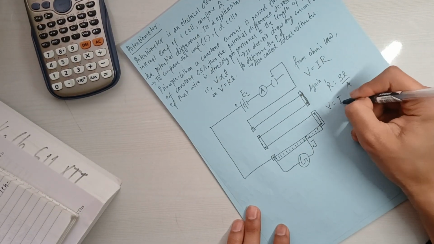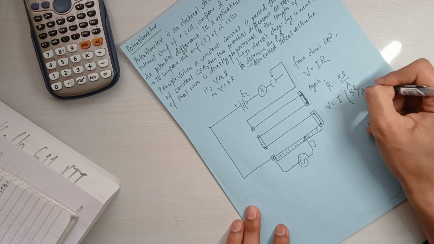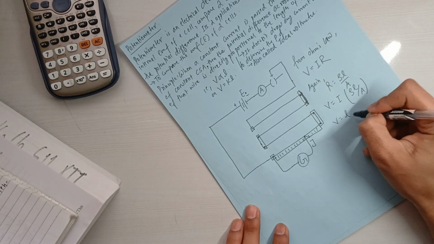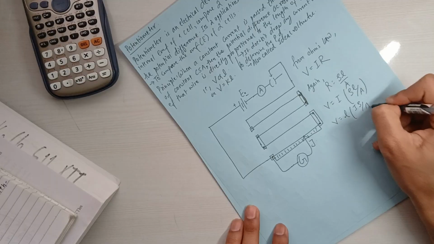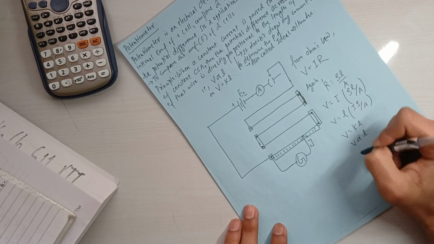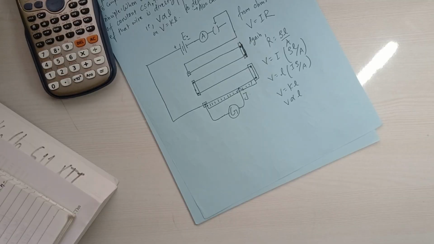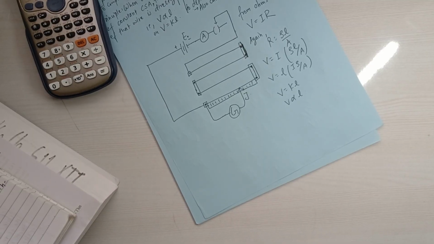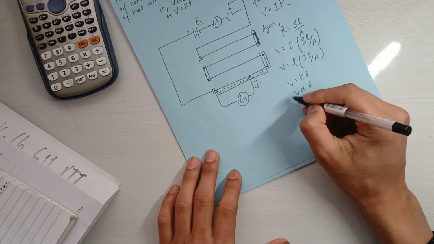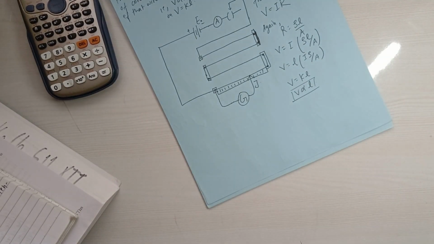So V equal to I times rho L by A. Get it? V equal to L I rho by A. V equal to K L, V directly proportional to L. That is the very simple thing you can see right there. And after you prove that, you can say hence proved. But this won't be asked in examination, by the way.